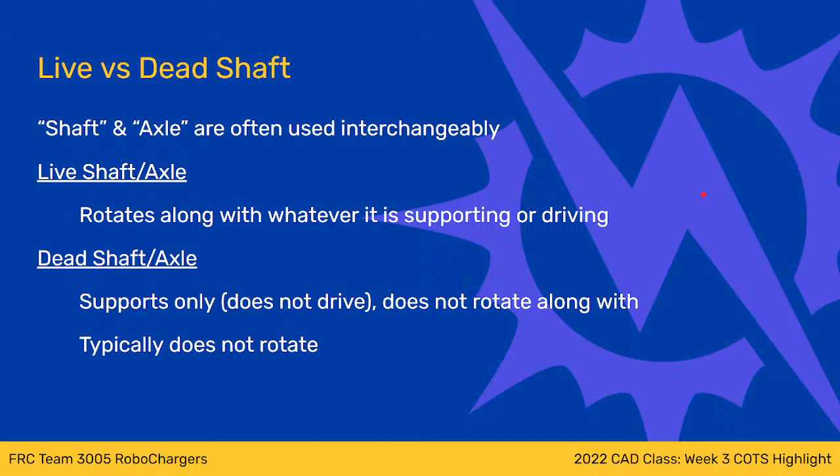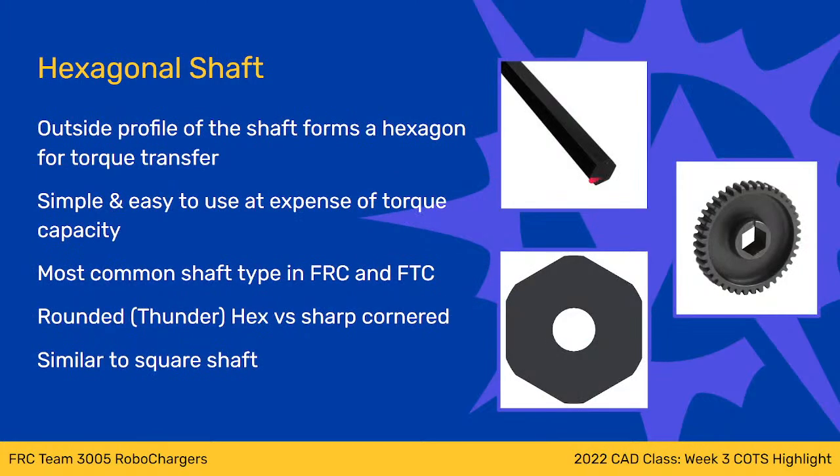And plus, most of the components that we're talking about today are used for live axle applications. So we're going to talk about live axle stuff today. Pretty much everything we're talking about is live axle. We'll talk about dead axle stuff later in the class when we're working on a project that actually uses it. So live axle only going forward.